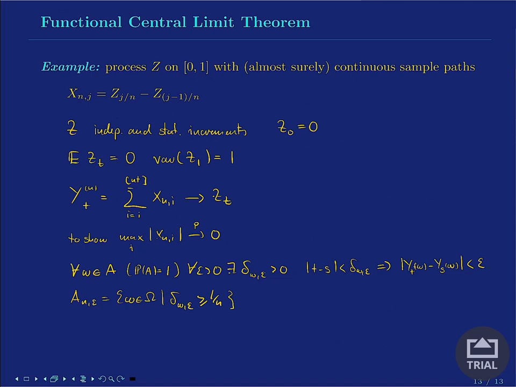So that means if in particular two time points are less than 1 over n away, then automatically the corresponding values of the process at these two points are less than epsilon away.